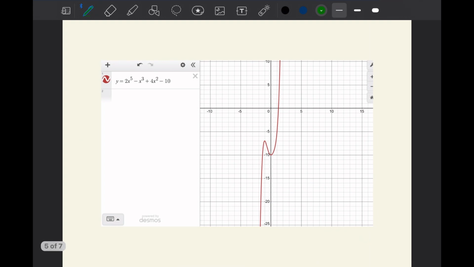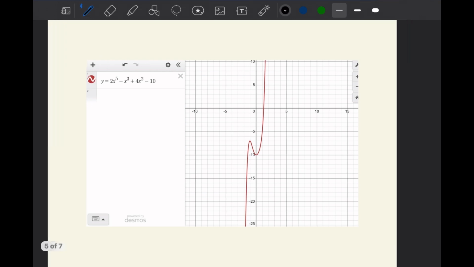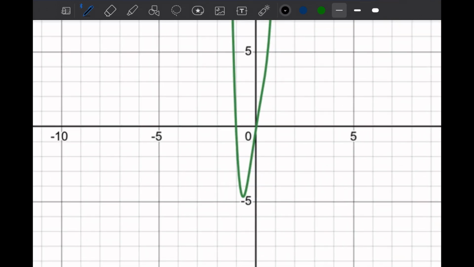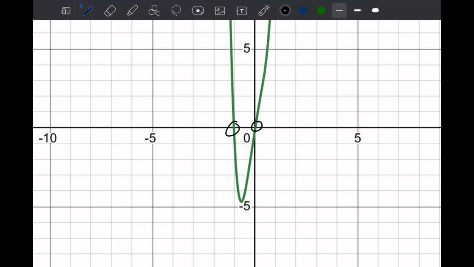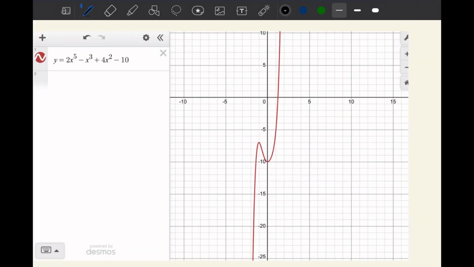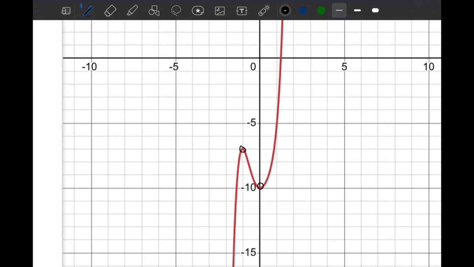Here you have a function, and this is really random, and it graphs like this. Now, if you take the derivative of this function, you get this graph. And look at that. These are the critical points, exactly over here.